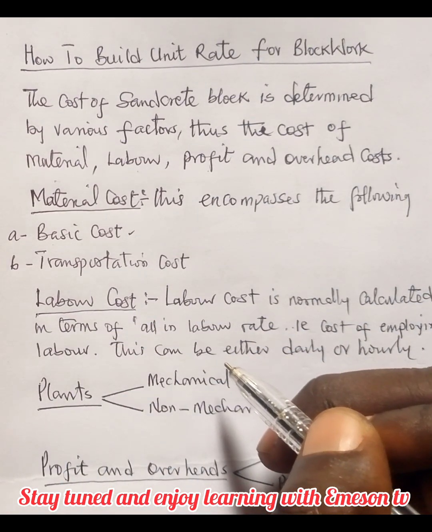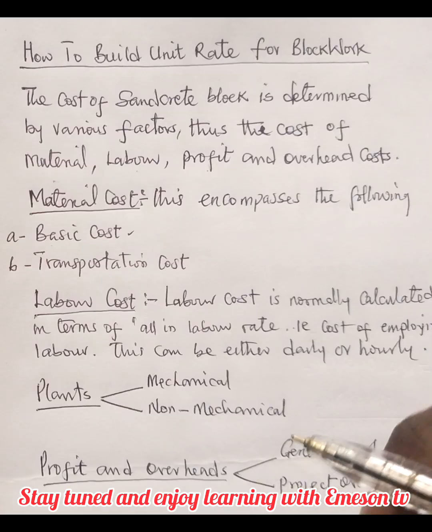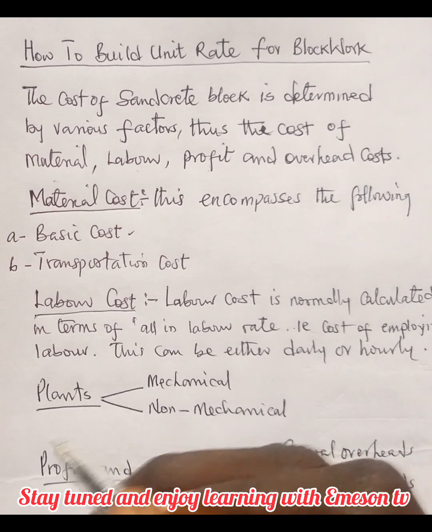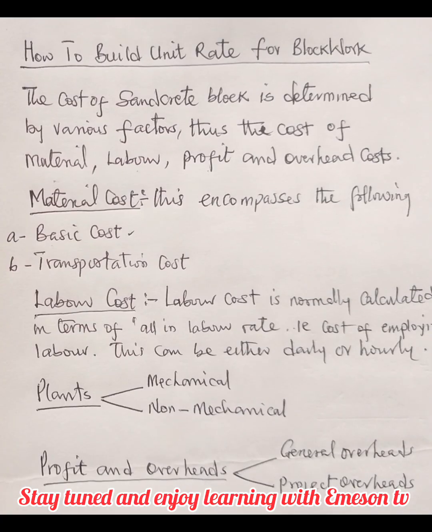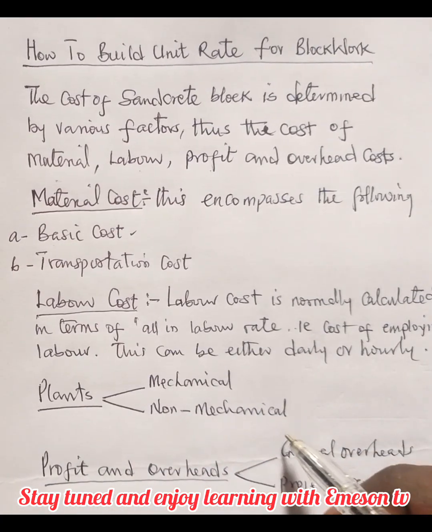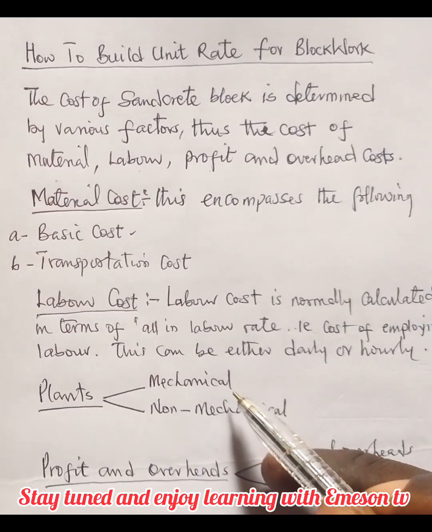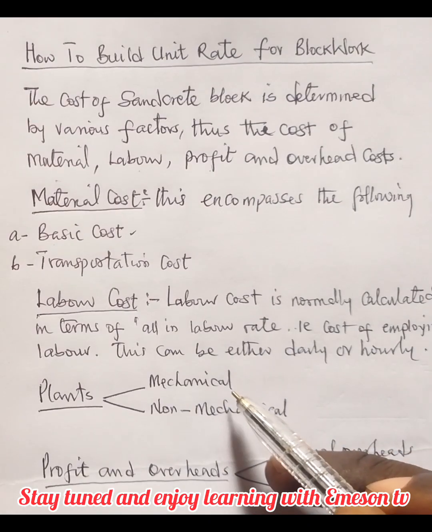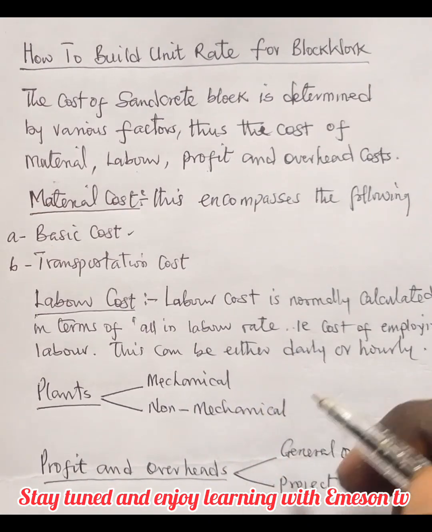And after you have finished doing this, if the work involves use of plants, you have to also consider that. For the plant, you have to consider if it will be mechanical or non-mechanical. If it will be mechanical, like for example, the use of mixer, excavator on site and so on, you have to consider it hourly.